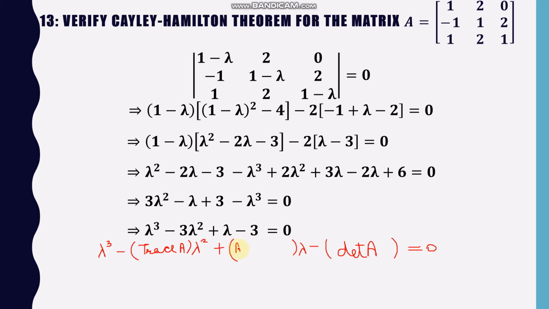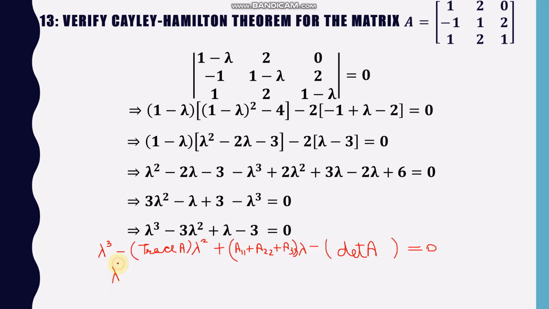Here we will write down the cofactor of the A11 element plus the cofactor of the A22 element and the cofactor of the A33 element. So you have to write down the sum of the cofactors of the diagonal elements. This is the shortcut way to find the characteristic equation of a 3 by 3 matrix.